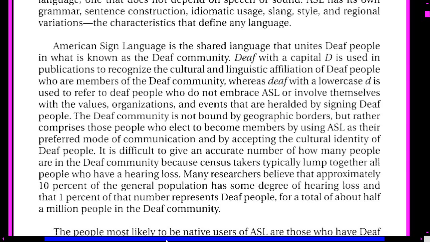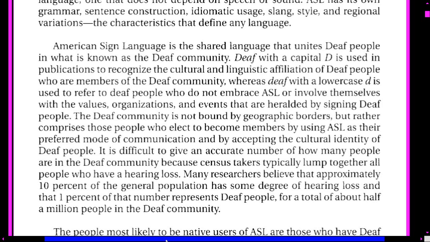The deaf community is not bound by geographic borders, but rather comprises those people who elect to become members by using ASL as their preferred mode of communication and by accepting the cultural identity of deaf people.